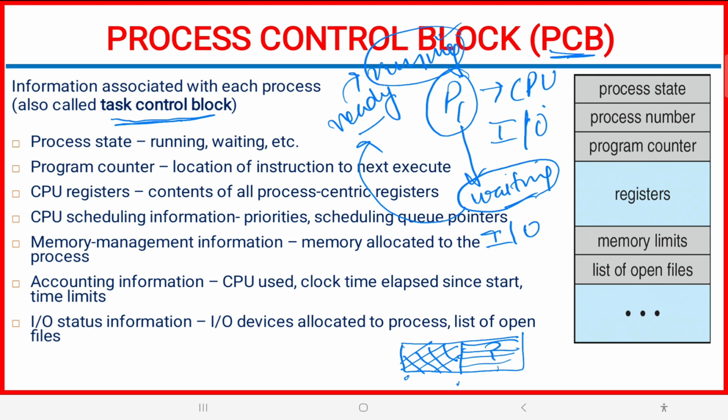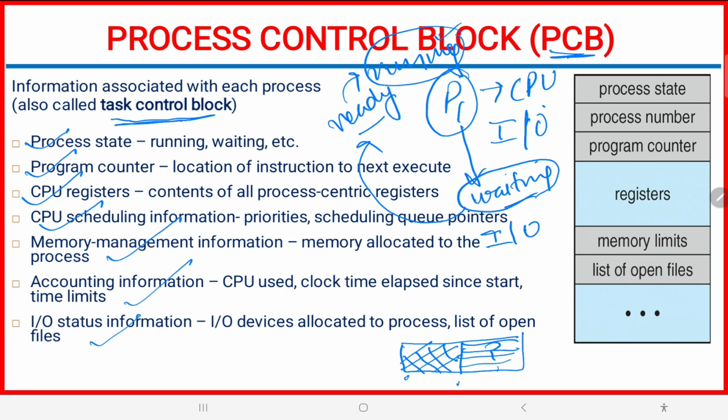So I would say that every process has its unique process control block. For every process, the set of things which are stored in the process control block are process state, program counter, CPU registers, scheduling information of CPU, memory management, accounting information, and IO status information.